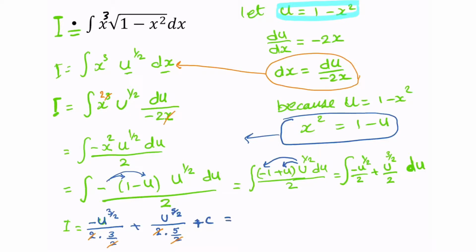Then this is going to be equals to u to the power 3 over 2, so equals minus u to the power 3 over 2 over 3 plus u to the power 5 over 2 over 5, okay, plus c.